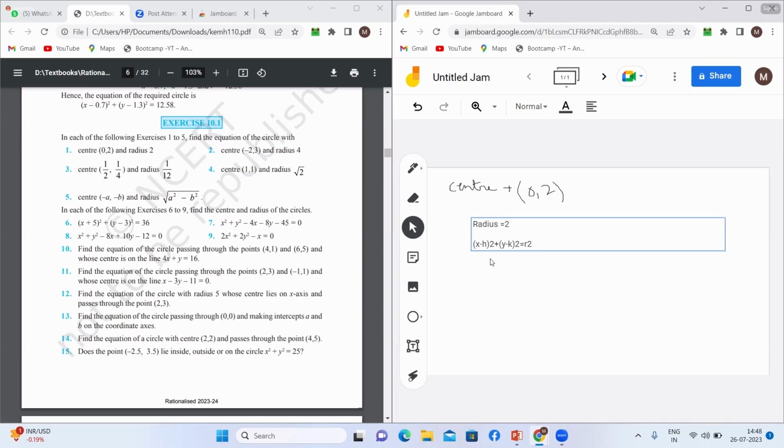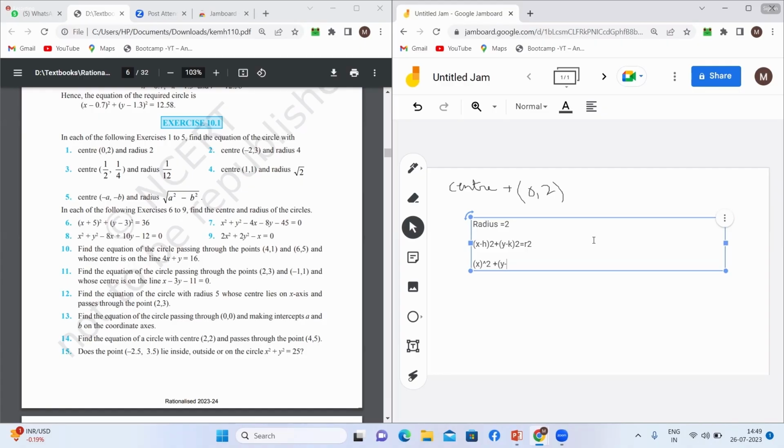So we just have to find h, k, and r, and we are given them. What is (h, k)? (h, k) is known as the center of the circle, and r is the radius of the circle. So h is given as 0, k is given as 2, and r is given as 2. So we have got our answer. The final answer would be (x minus h), h is 0 only, so it would be x square, plus (y minus k) square.